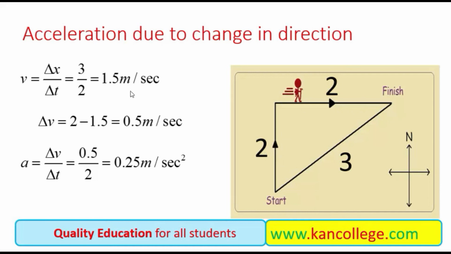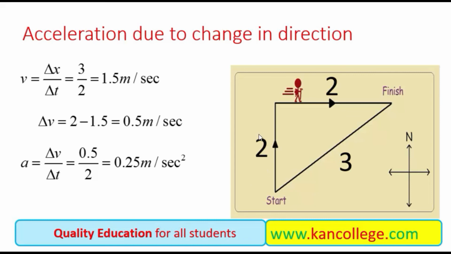In this slide, we will discuss the change in velocity due to direction. A change in velocity is known as acceleration. So, acceleration due to change in direction. For example, if a body claims that I am moving with a speed of 2 meters per second, and initially from the start, it covers a distance of 2 meters in 1 second.